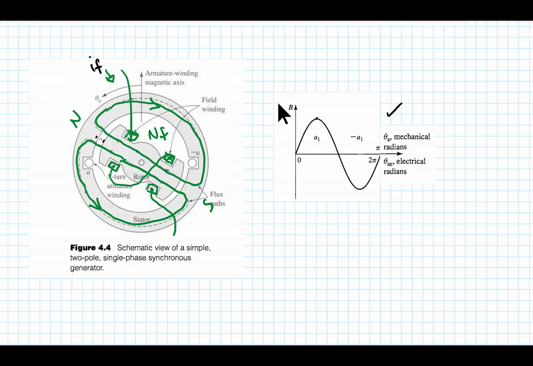We will have some peak flux density, and this peak flux density right here would be associated with the north pole of the machine.